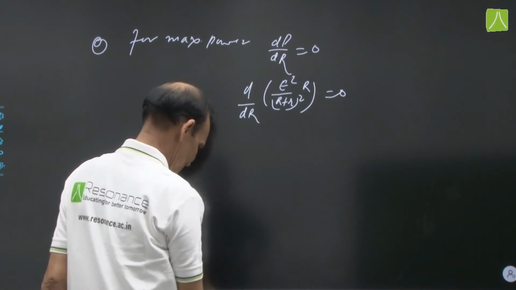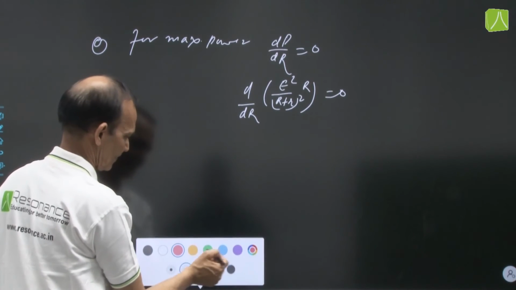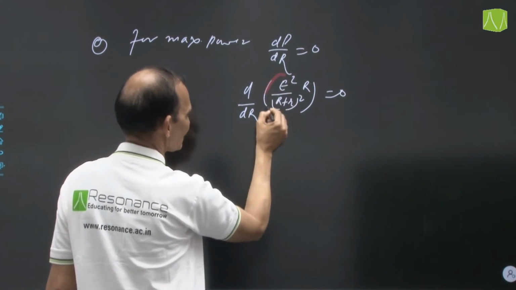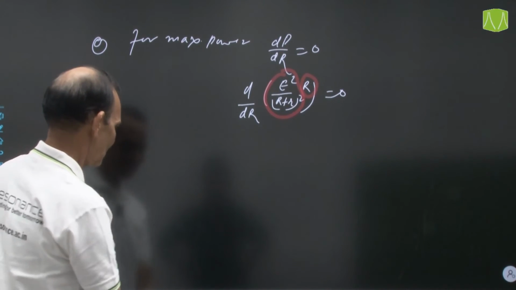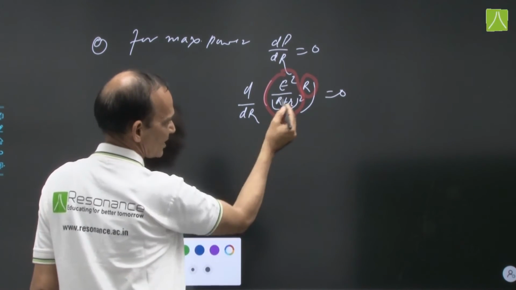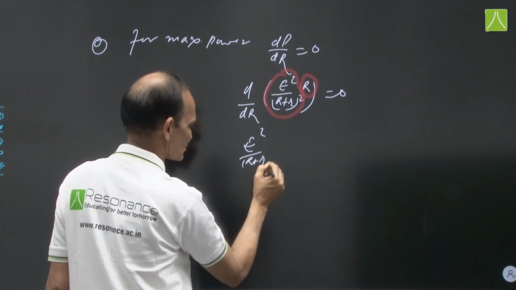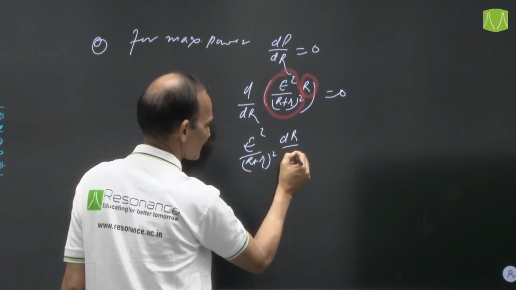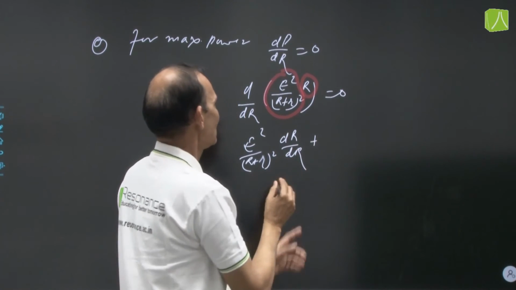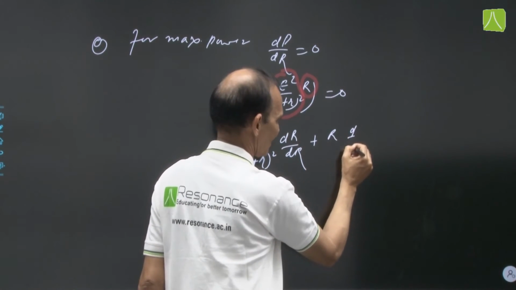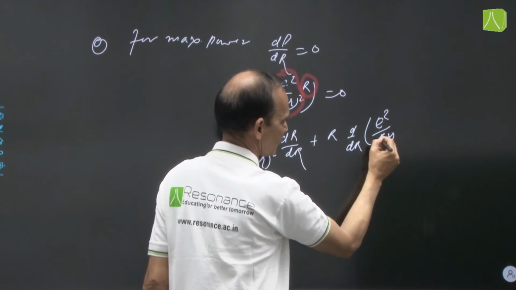We can easily differentiate it. These are the two steps. First step is this one, and second is R. Now solve it. d upon dR means E square upon R plus r whole square as such into dR upon dR, plus R as such into d upon dR of E square upon R plus r whole square.